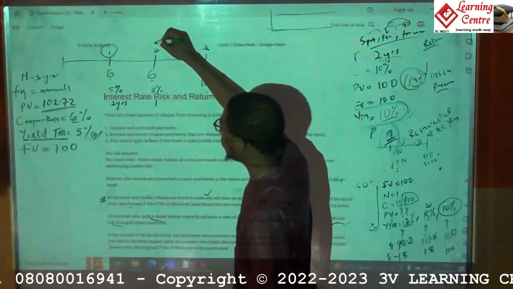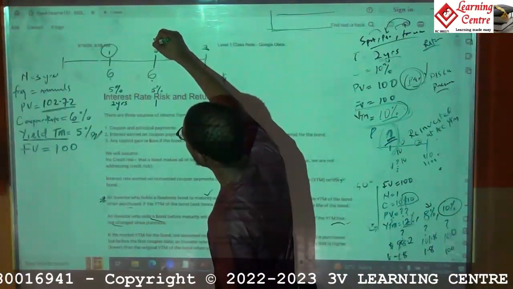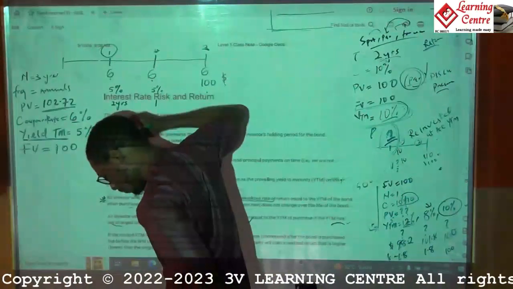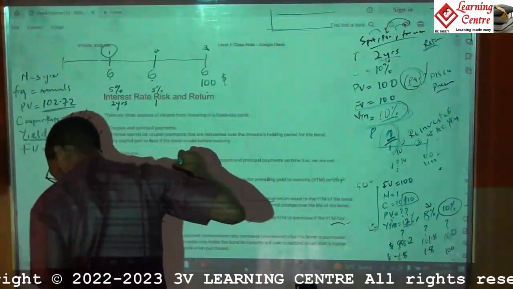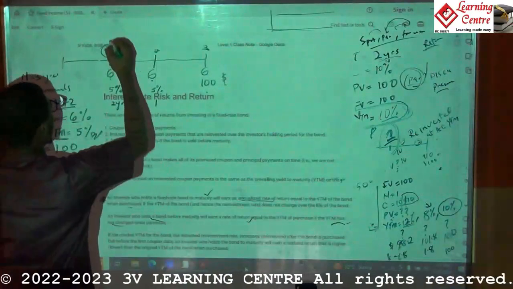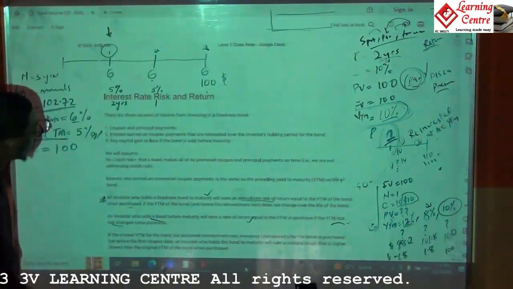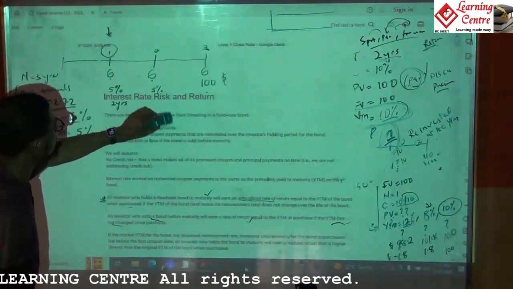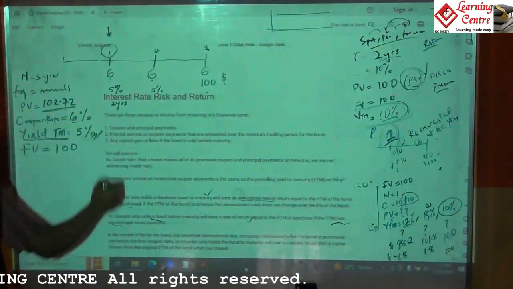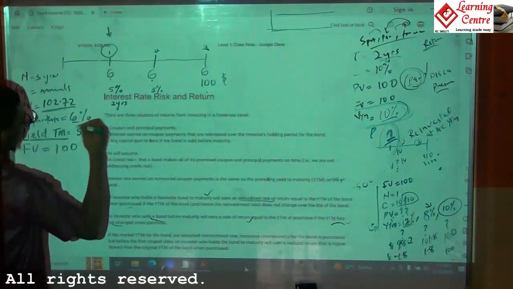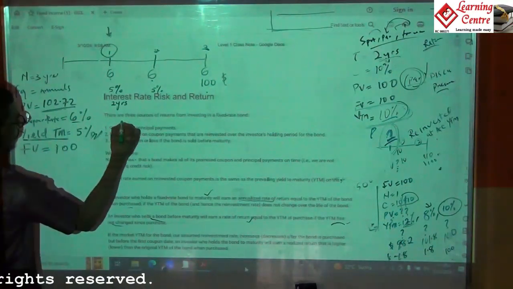Imagine that this person sold the bond at the end of year 1. Let's say the bond at the end of year 1, and then I want to sell the bond.